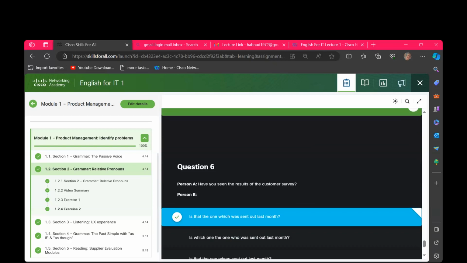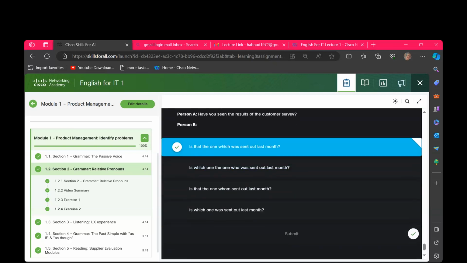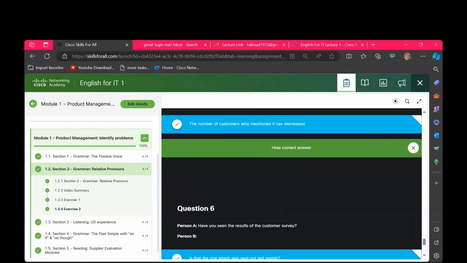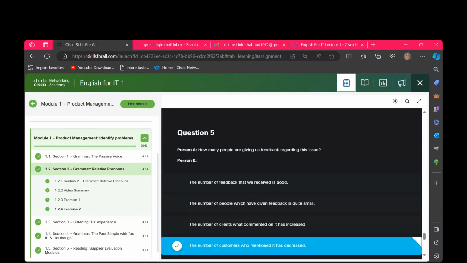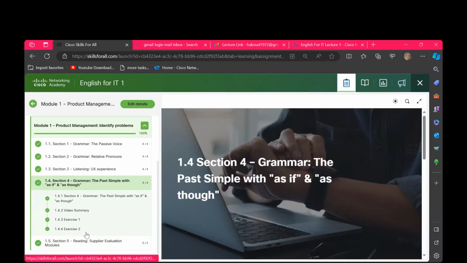Okay, is that the one which was sent out last month؟ اللي احنا بعتناها last month. which التي أرسلت. اوكي وهنا نكون خلصنا second grammar lesson اللي هو talking about relative pronoun أو استخدام الضمائر الموصولة. Last one اللي هو section 4 grammar the past simple، وده هنقوله في 5 دقايق بالظبط.